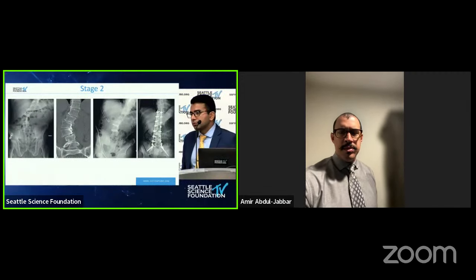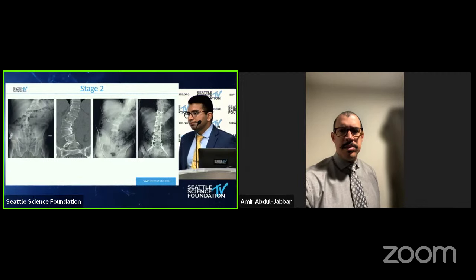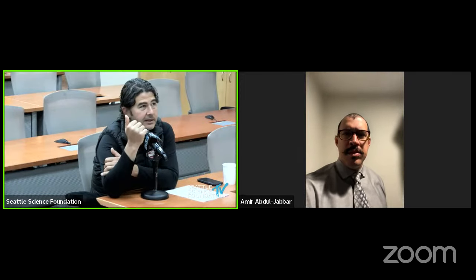We use kind of a mixed bag of instruments from open. Even the rod holder is laughable, because it's designed for 1-level MIS. It's not designed for 7 or 8 levels.